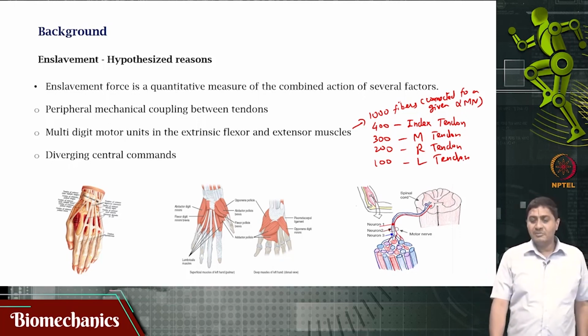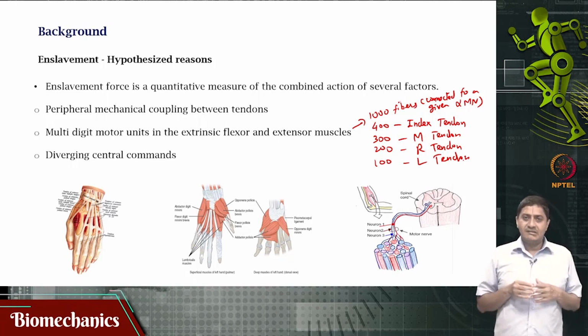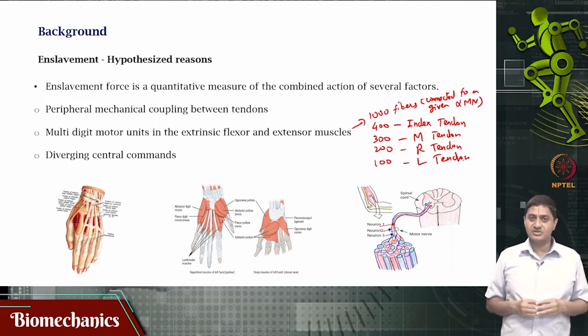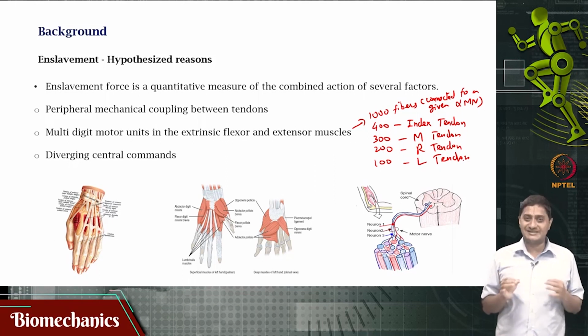Now, remember that whenever an alpha motor neuron is firing, all the muscle fibers connected to this alpha motor neuron will fire. This is the rule, because the neuromuscular synapse or the neuromuscular junction is an obligatory synapse.